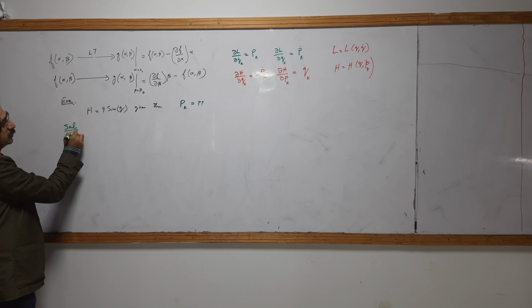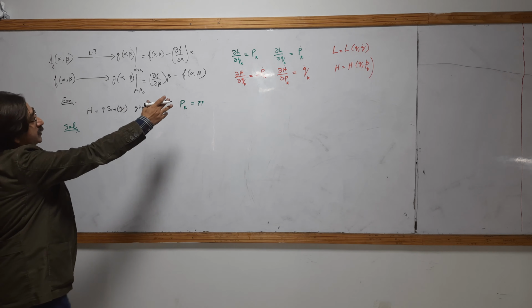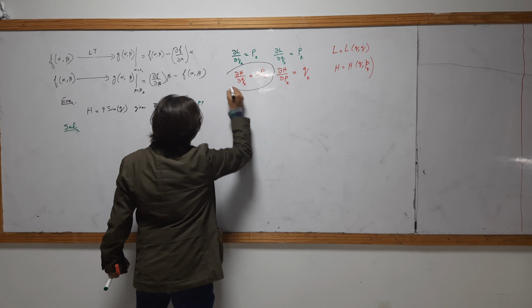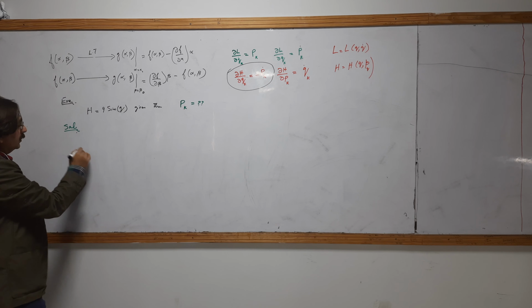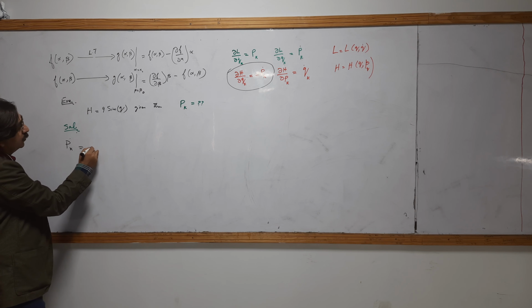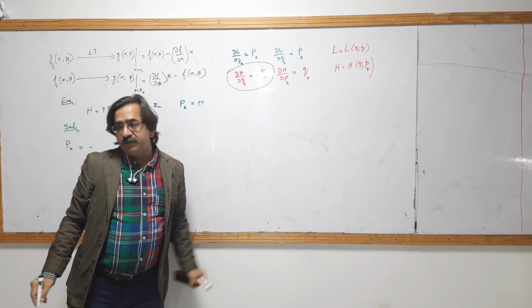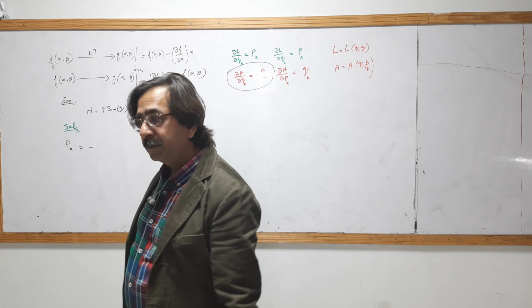We know that from this equation, PK dot is equal to minus partial H over partial QK, and H is given, so only this equation will give you the information about PK.